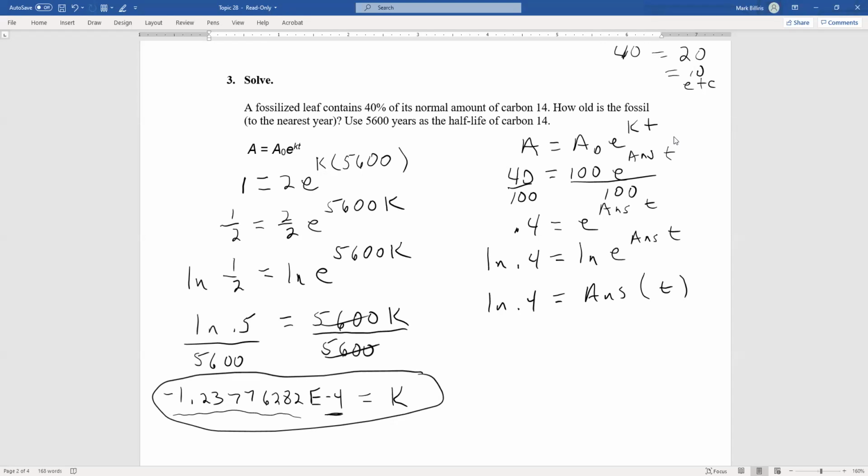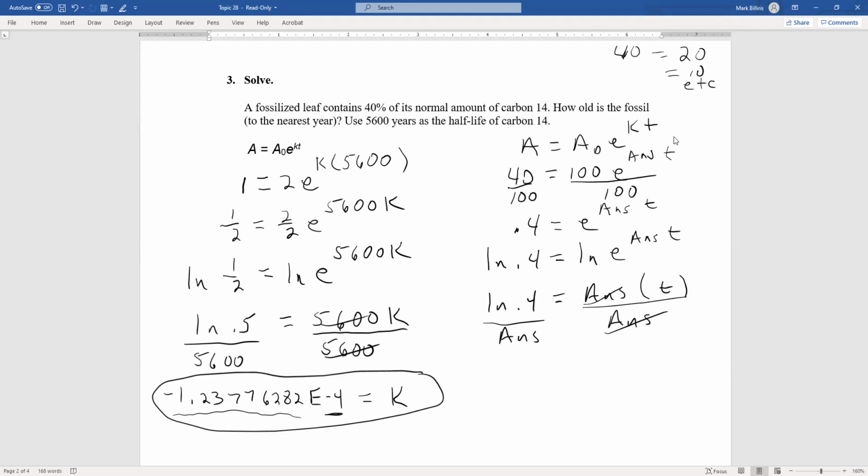Now, in order to solve for T, I'm going to divide both sides by the answer. And the reason I'm doing it the way I'm doing it is so it'll be easier for you to enter it into your calculator. So now on your calculator, all you're going to do is put in the natural log of 0.4 and divided by, or in your denominator, you're going to put in answer.